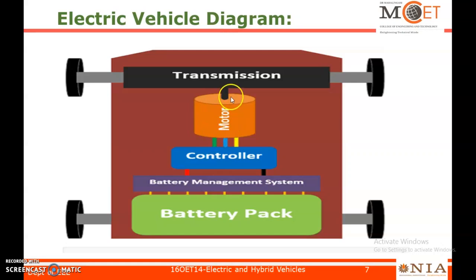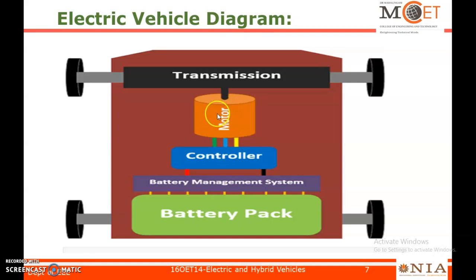Hence the speed of the electric motor can be regulated, and hence it operates the transmission system of the electric vehicle effectively, because practically the speed of the motor depends upon the supply voltage if it is a DC motor, and it depends upon the supply voltage and supply frequency if it is an AC motor.